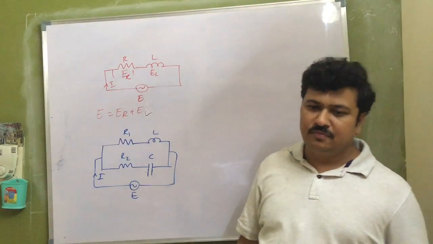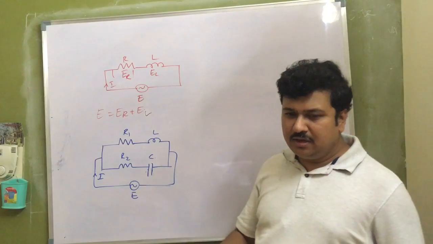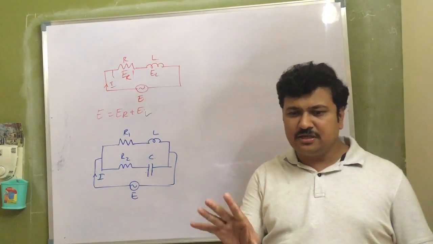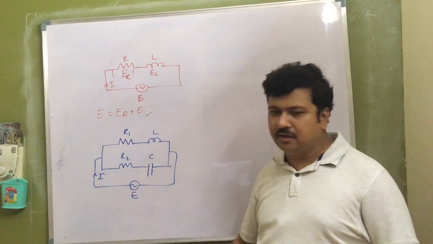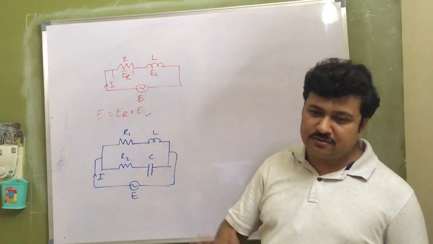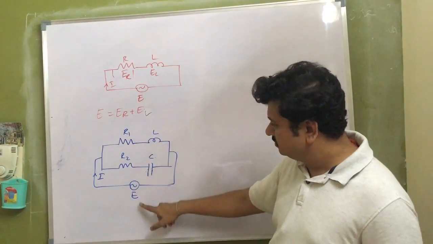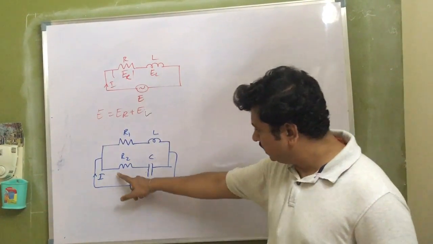In this case, again I want the phasor relation between E and I. Now I want the resultant voltage and resultant current. What is the voltage across the RL branch? It is E. Voltage across the RC branch?